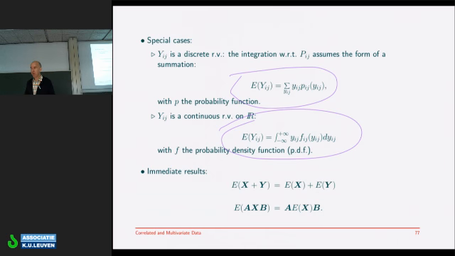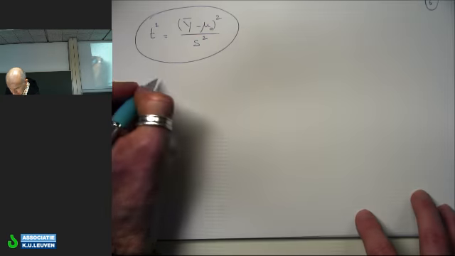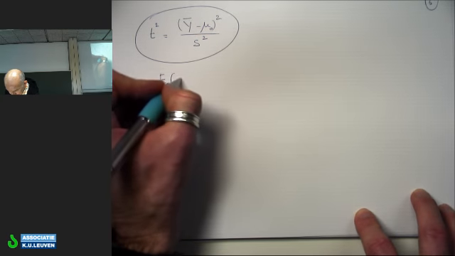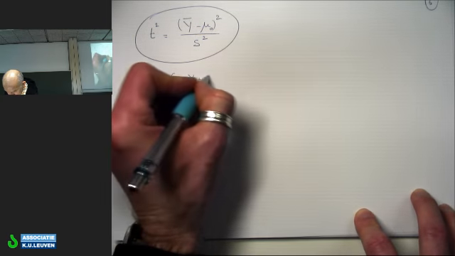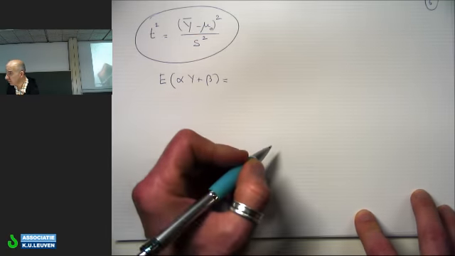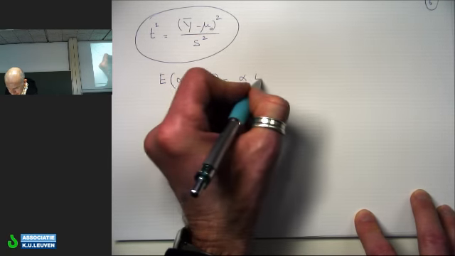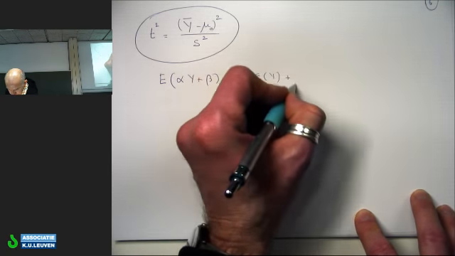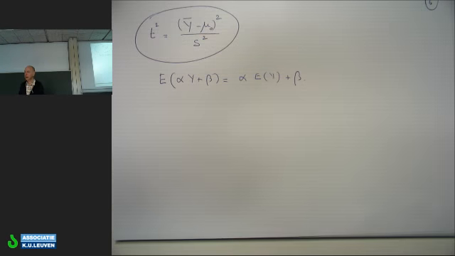The expectation operator has a number of very elegant properties, univariately also. What do you know about it? You know that the expectation of alpha y plus beta, and now I'm talking about a univariate variable, is alpha times the expectation of y plus beta. So the expectation operator is a linear operator, as linear as it gets.